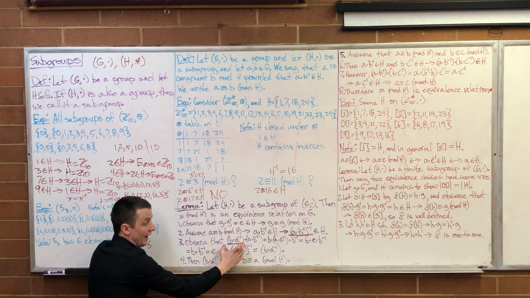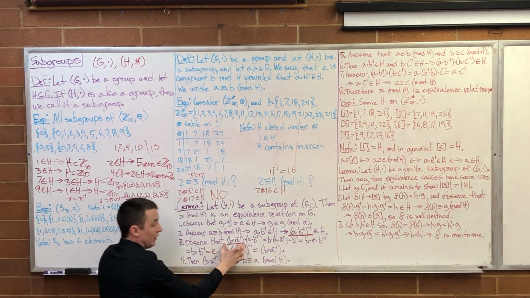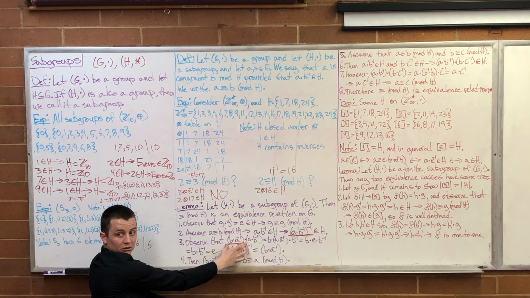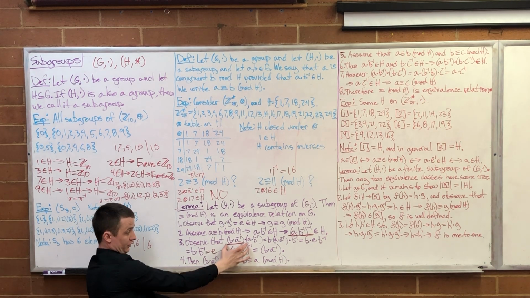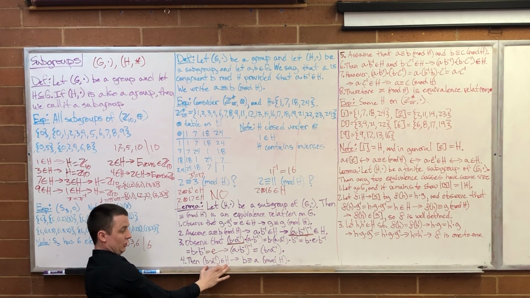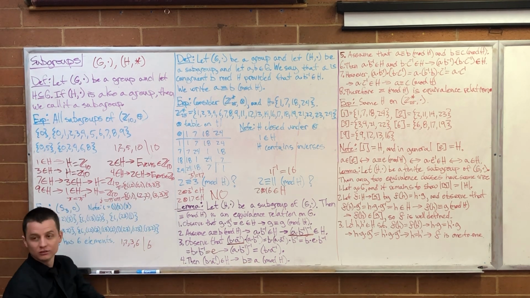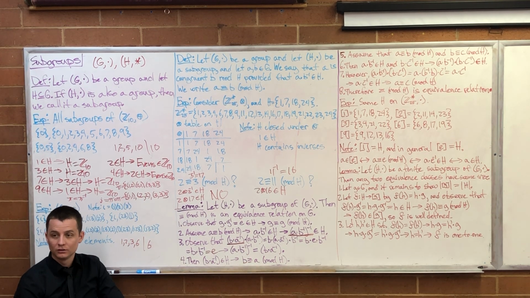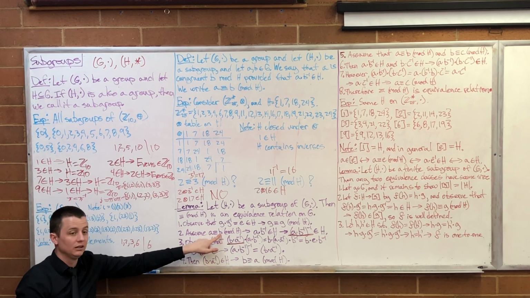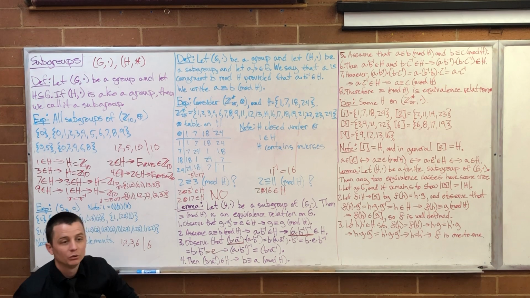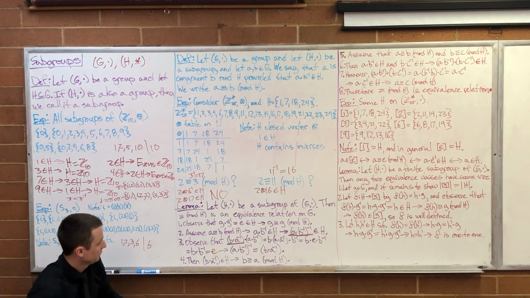So since we know that this is in H, we now know that this thing is in H. Right? So then, this thing is in H, which gives me that b is congruent to a mod H, which is what we were after. You follow that? That was the proof. If I know that a is congruent to b implies b is congruent to a, we call that symmetric. Perfect.